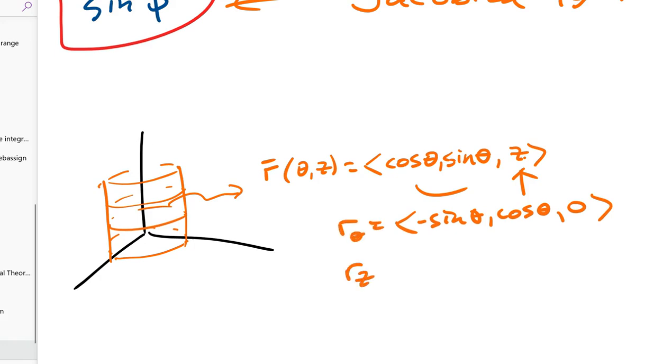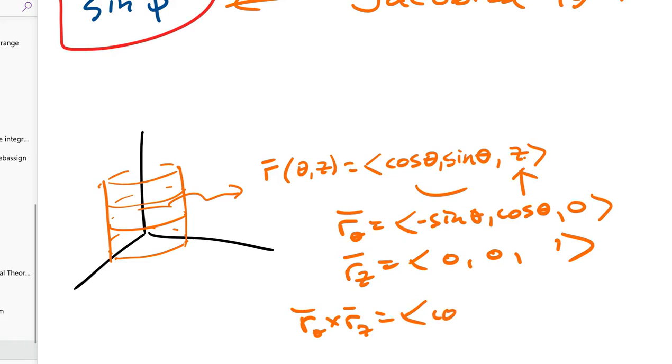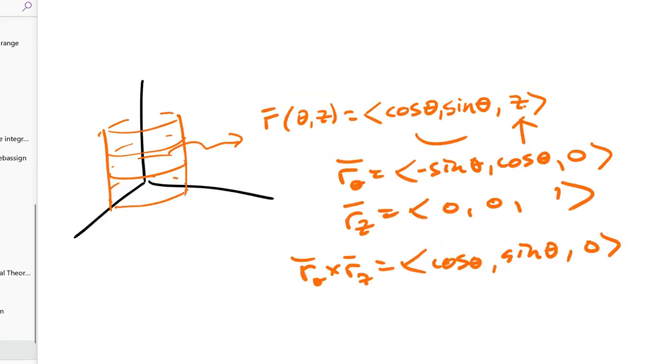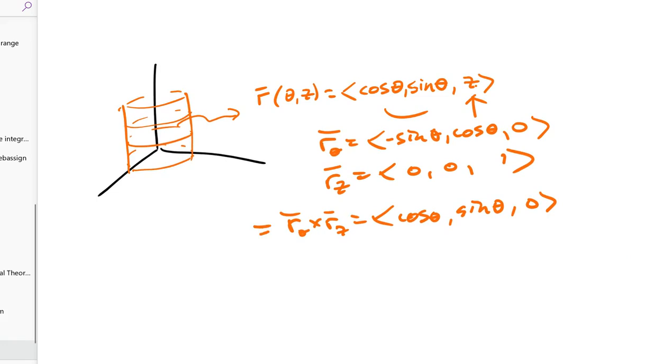R sub z is 0, 0, 1. So then r sub theta cross r sub z is going to be cosine theta, sine theta, and then 0. So this is your n vector, and it looks like there's only an x and y component to it. So the z value is 0.